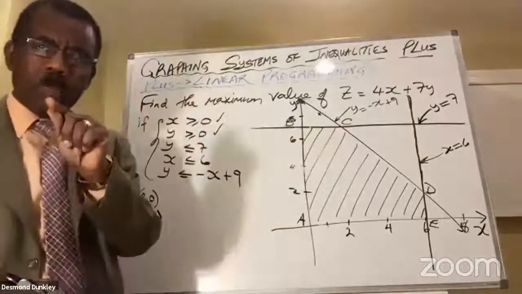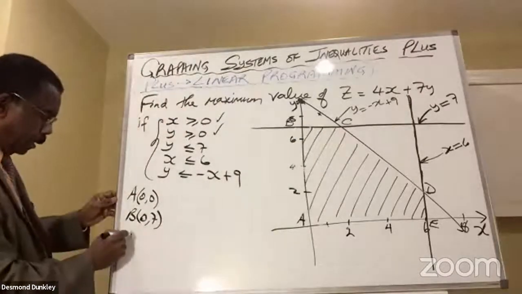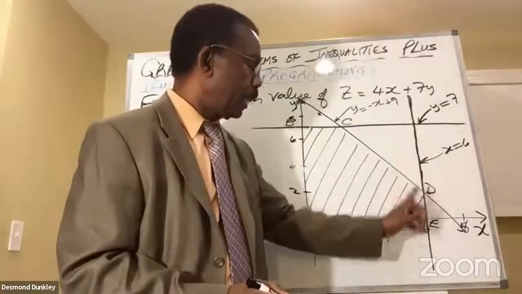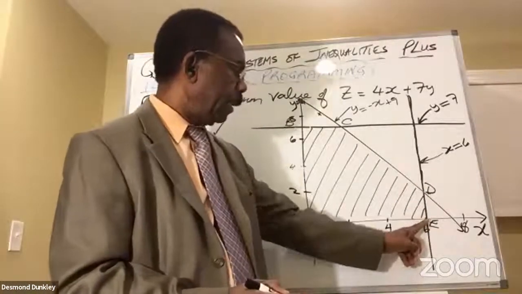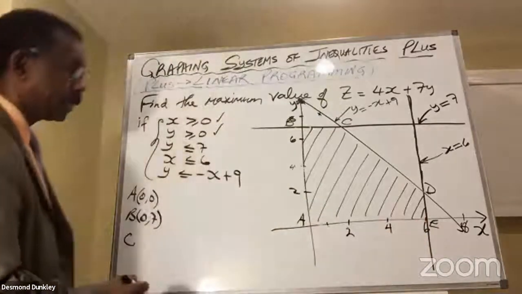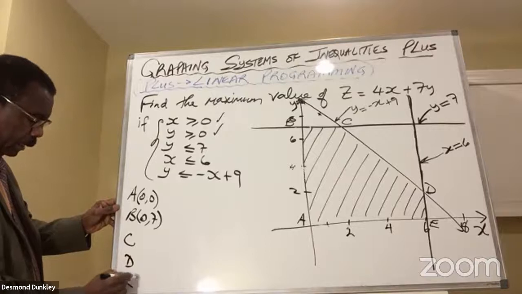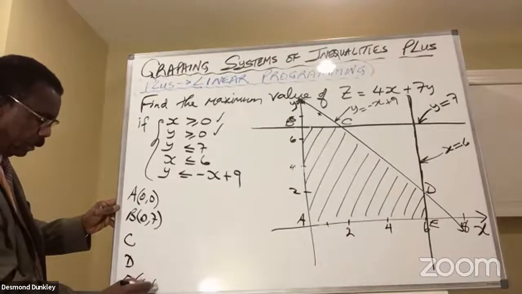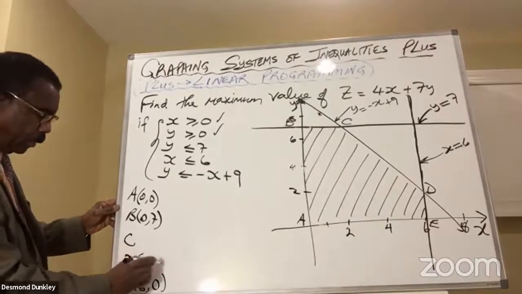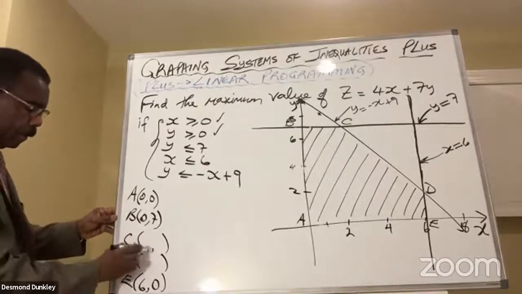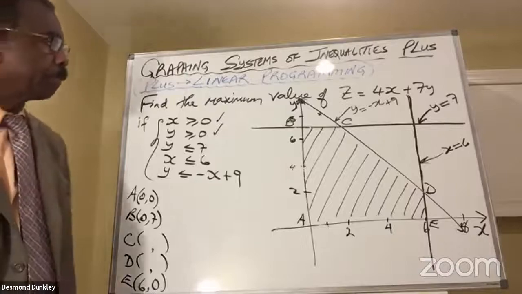C, we're going to have to work out C. So let's keep C for a little bit. D, we're going to have to work out D. Keep that for a little bit. But E, we know that E is going to be 6, 0. D we don't know. C we don't know. These we have to calculate.